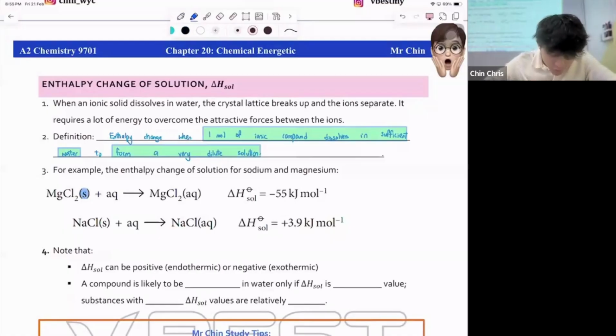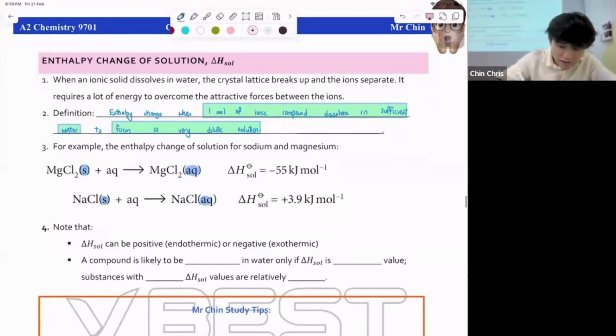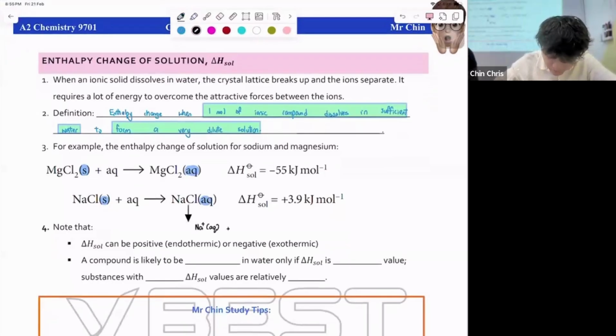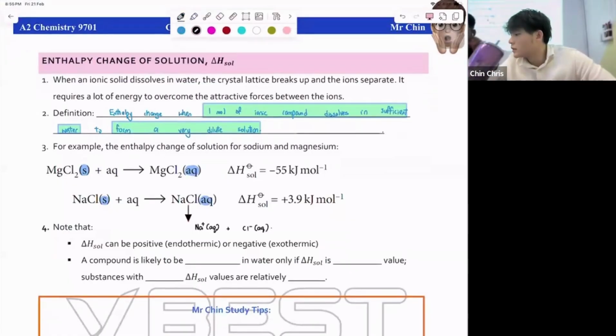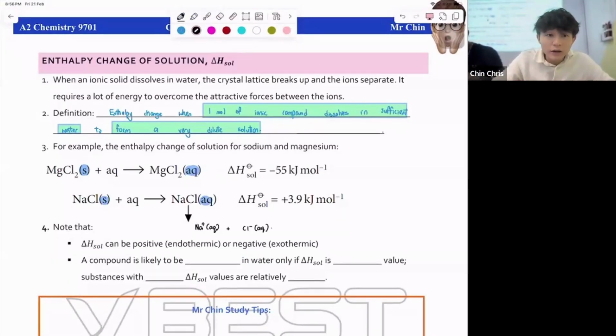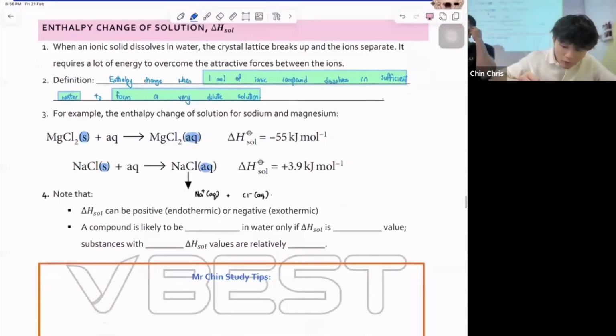Example: from solid turns into aqueous, you can see that. This can be understood as NaCl turning into Na plus aqueous and Cl minus aqueous. Now, your delta H solution can be either positive or negative.